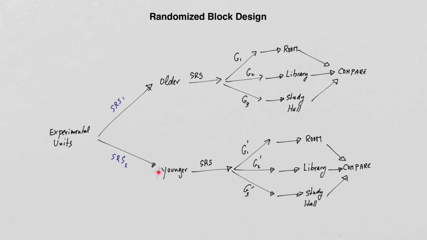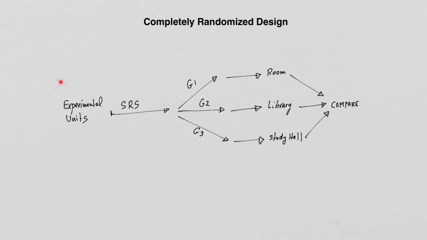So you want to stratify them, which means you want to put them into blocks first, 2 blocks. Does it have to be 2 blocks? No. You could have 3 blocks, right? And hence the word randomized block design. As soon as you split them into 2 blocks, then you go through the entire process you just went through with completely randomized design.